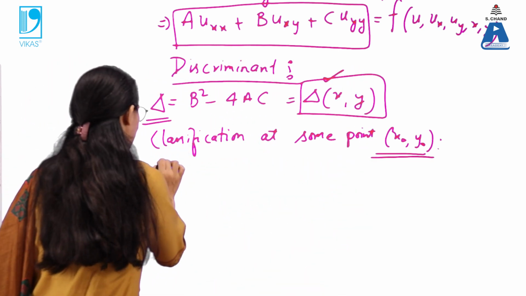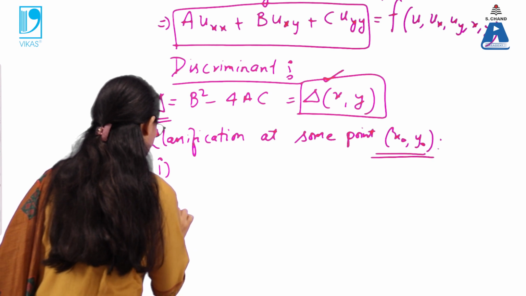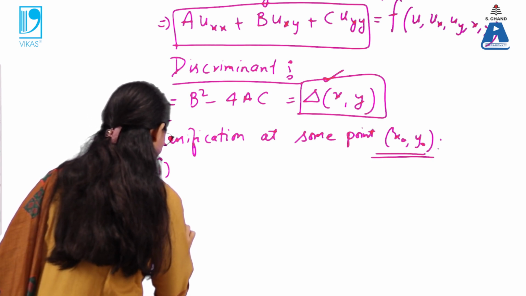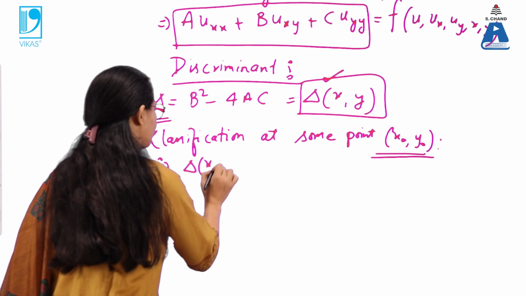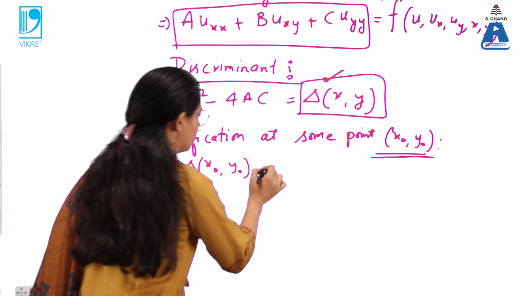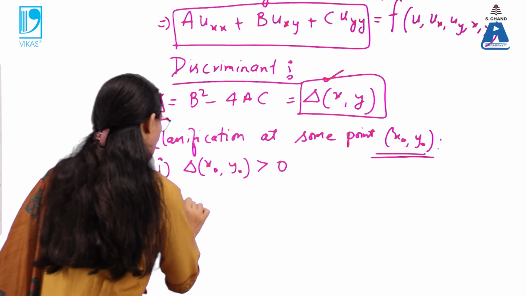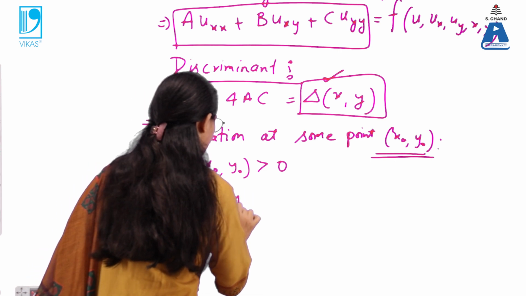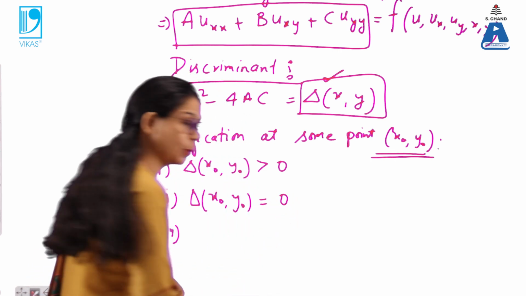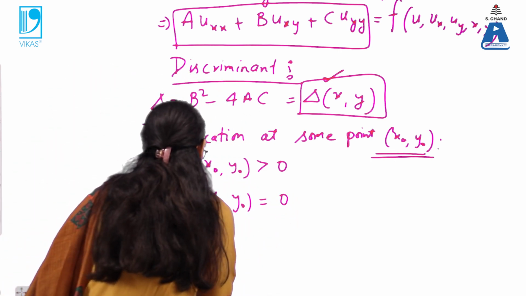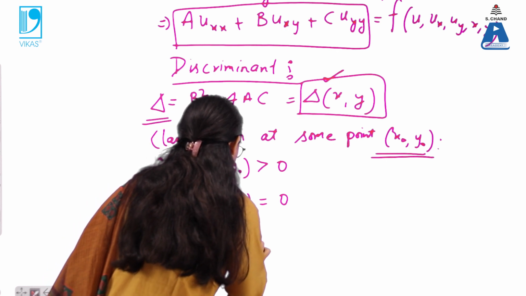So, there can be three possibilities. Either the discriminant can be positive, or the discriminant can be equal to 0, or the discriminant can be negative.